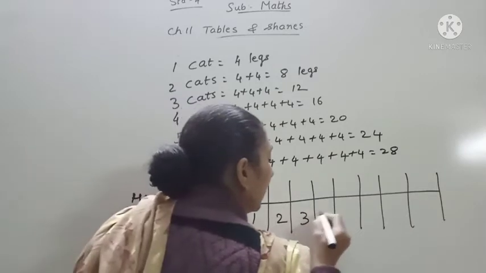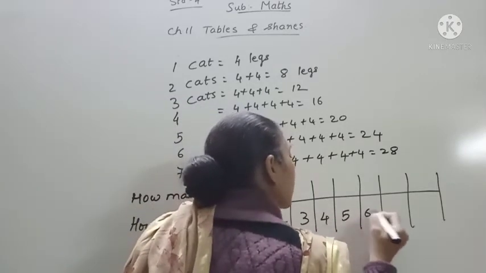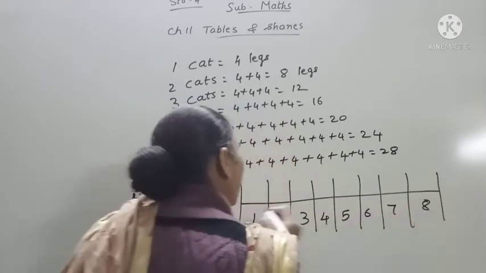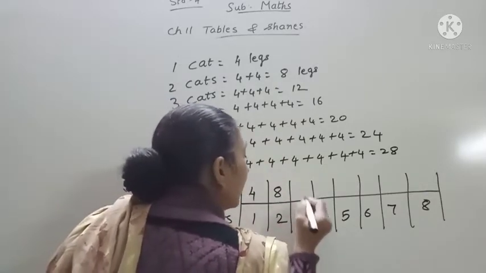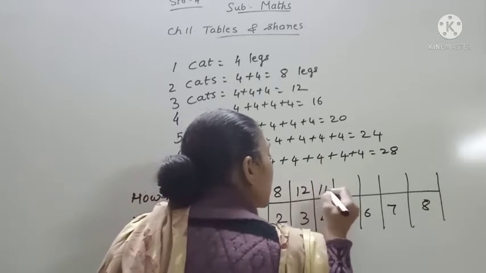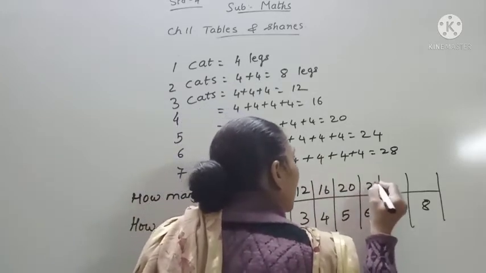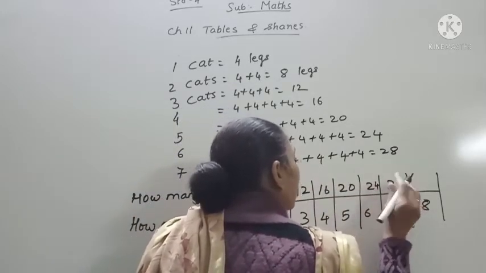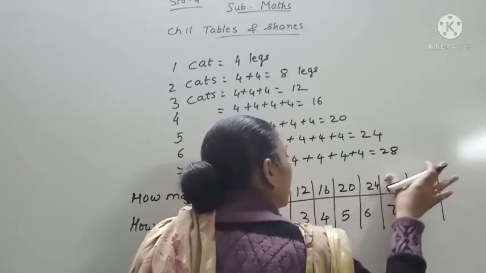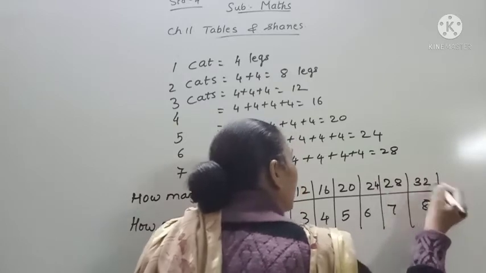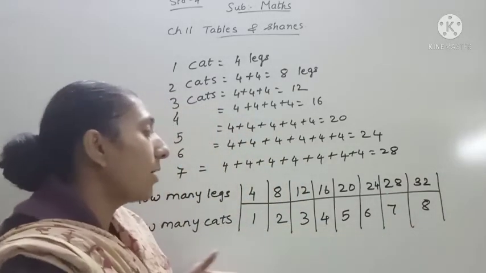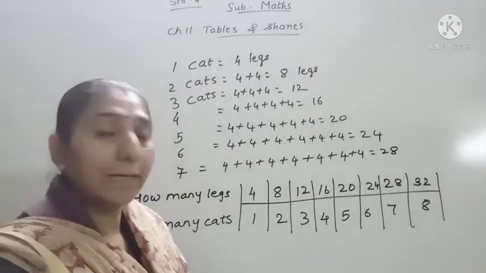One, two, three, 4, 5, 6, 7, 8. If one cat, 4 legs. 2 cats, 8. 3, 12. 16, 20, 24, 28 and 32. So this is how we will fill up the table.